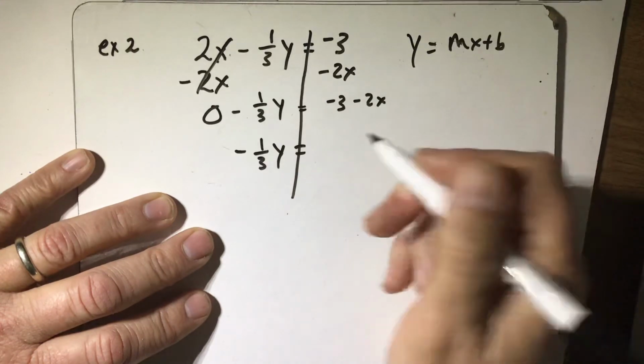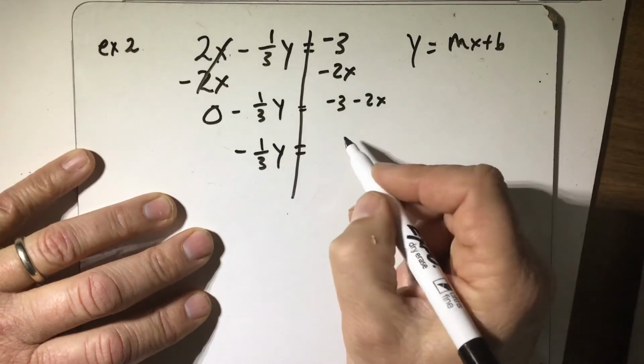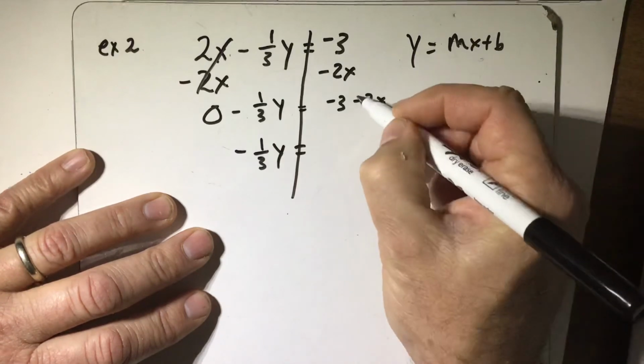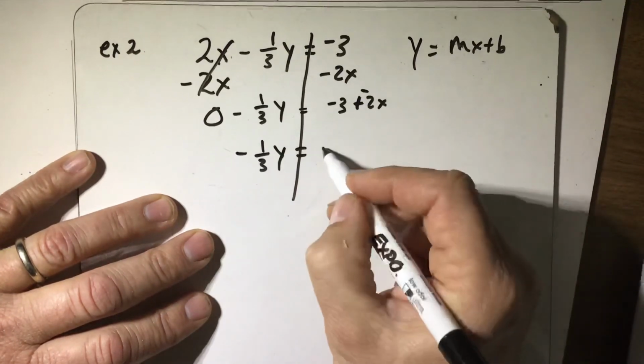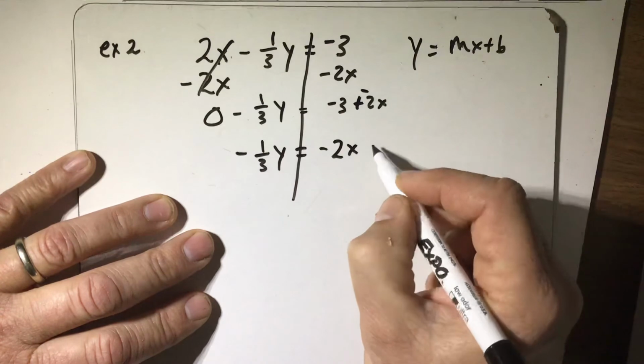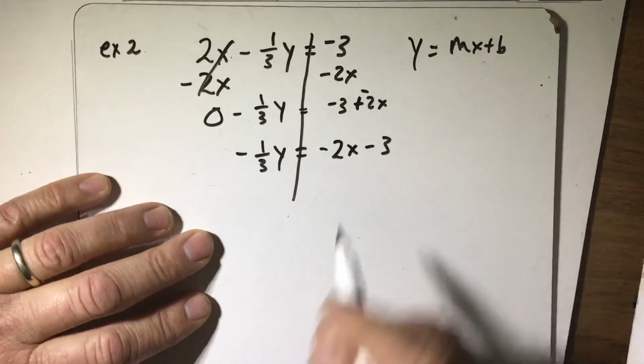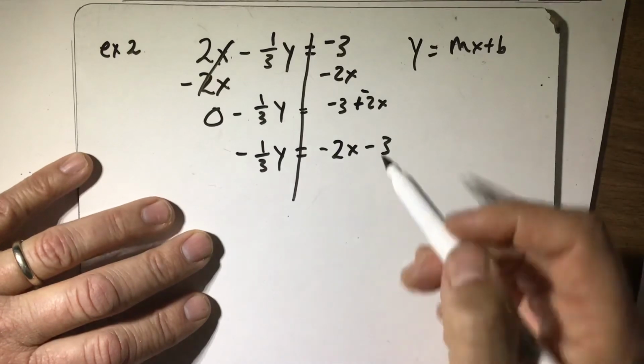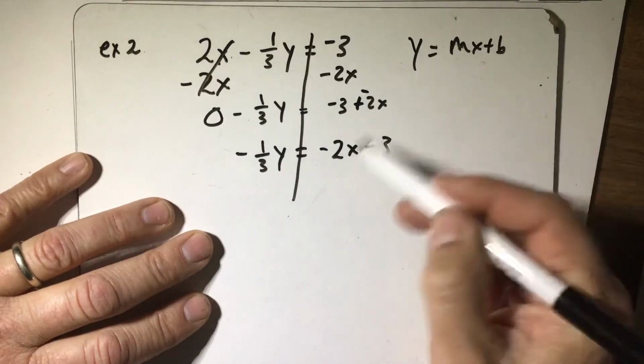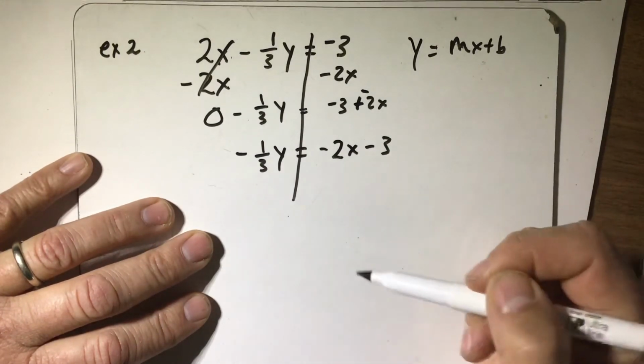Well, I'm going to switch this around using the commutative property. It's adding a negative, so I get negative 2x minus 3, or plus a negative 3, but minus 3 is easier. I want that x term to be first.